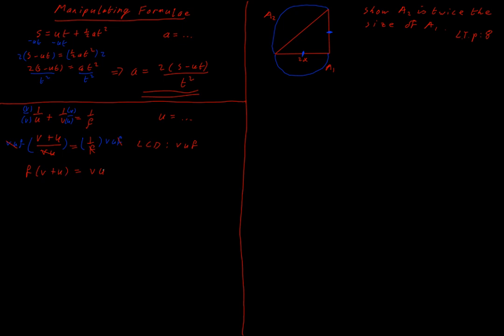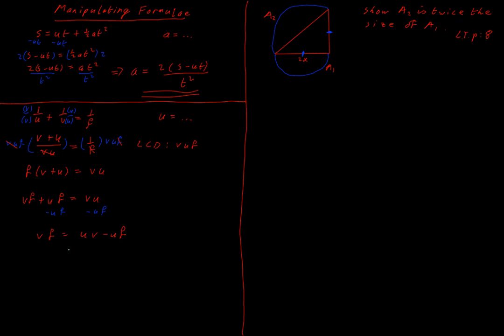Now I want to get all of the u's by themselves, so I'm going to multiply that out. So I multiply out my bracket and I get vf plus uf is equal to vu. I want to get all of the stuff involving u together, so I'm going to subtract uf from both sides. vf is equal to uv minus uf.